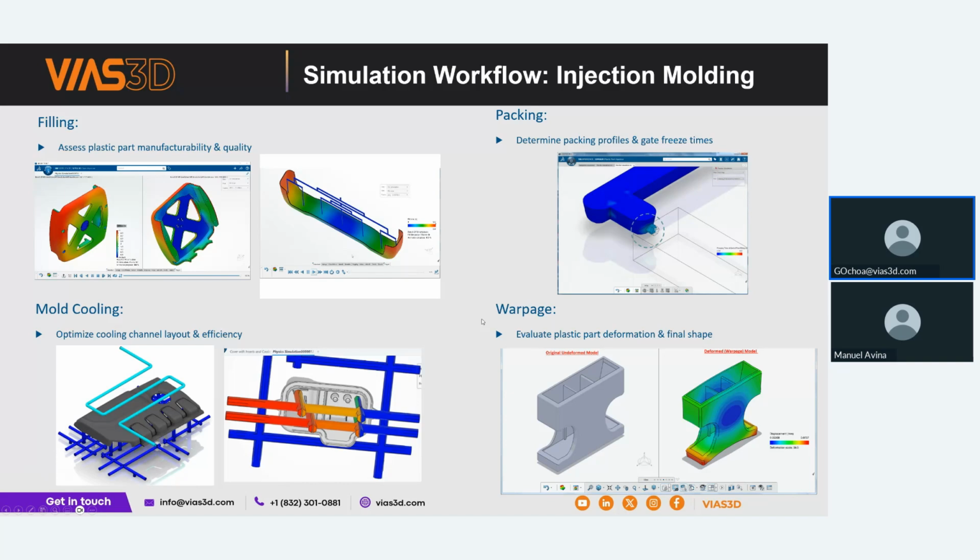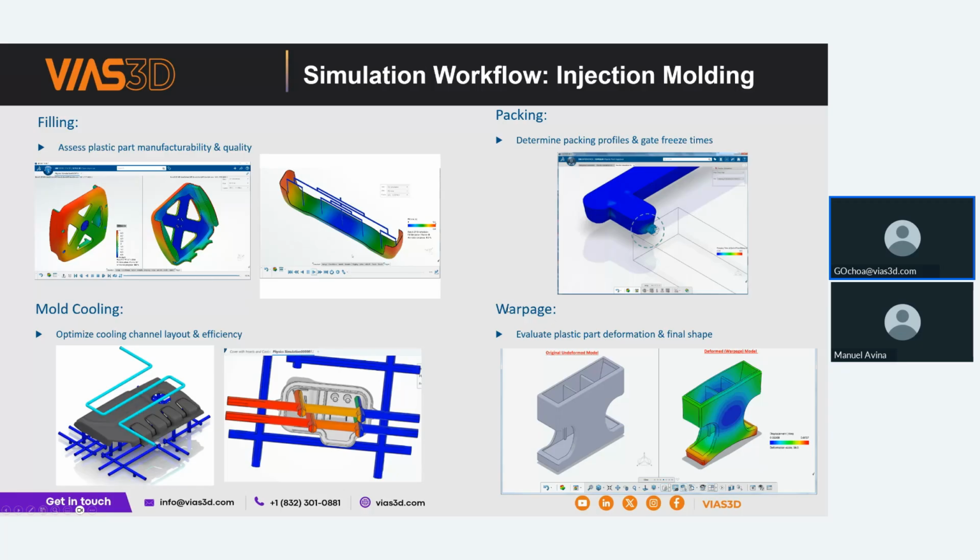For the warpage simulation, that's a very nice feature, because the warpage simulation is also nonlinear. That is, the warpage solver is not assuming any constant relationship between the deformation and the stresses we're getting.